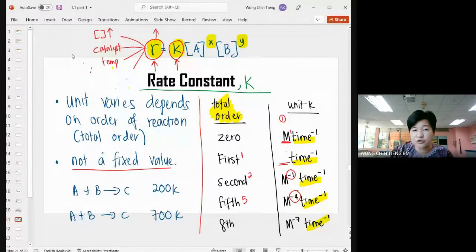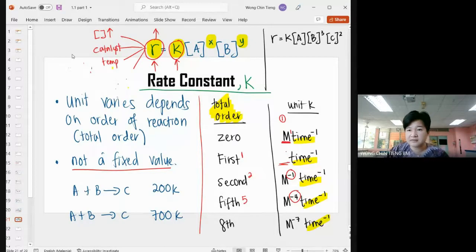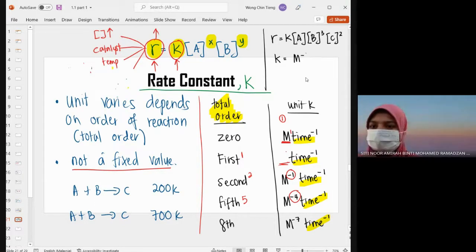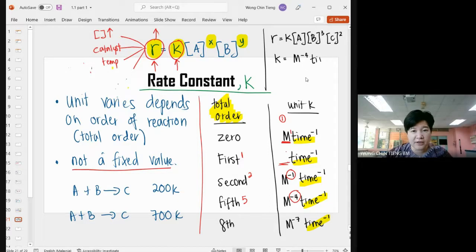Example question: if I have my rate equals K, concentration A, concentration B, and concentration C. For this question, what would be my K unit? Amira? M -4, time -1.